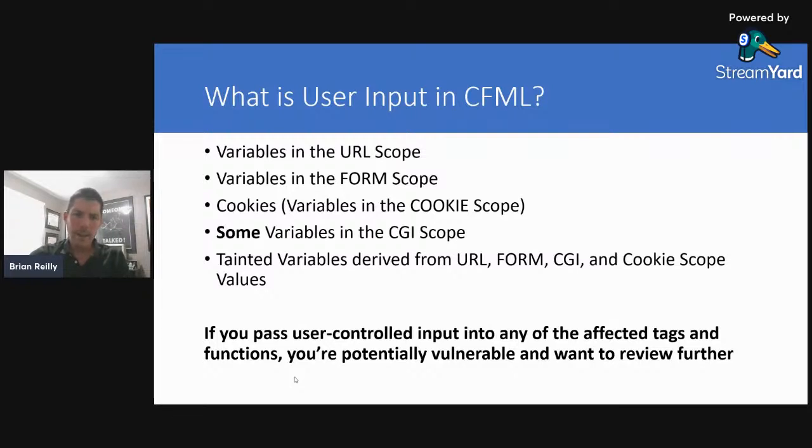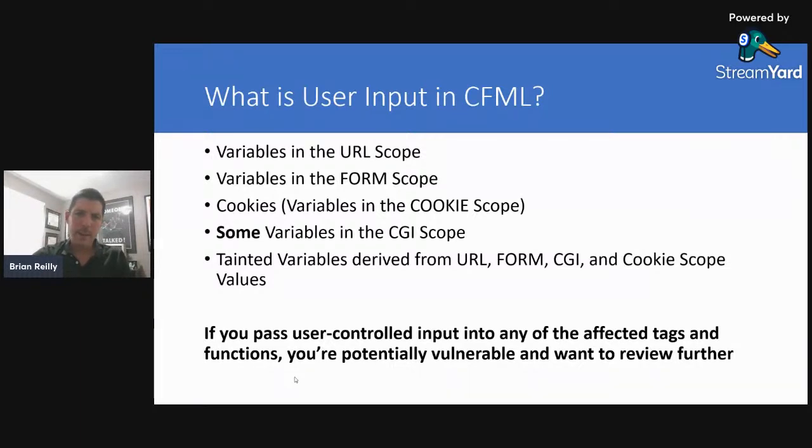And then finally, the hardest category to pin down is that you also want to make sure you have coverage for tainted variables. So if you are deriving secondary variables from any of those other sources, so from URL parameters or form data or cookies or anything else, those could also be ways that the user is able to control the data.